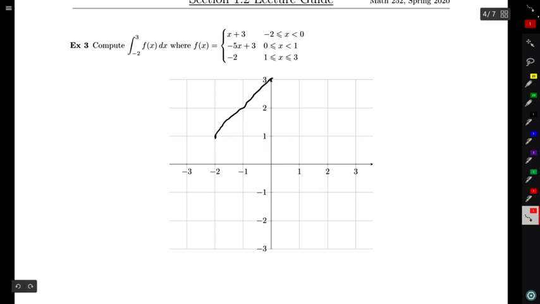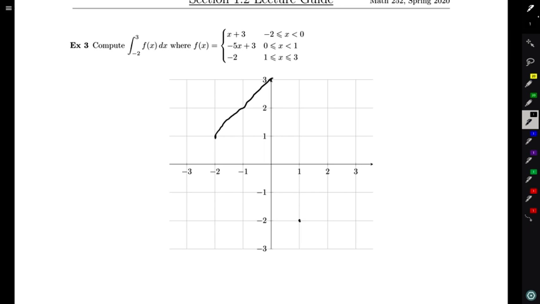Between the x values of 0 and 1, our function looks like the line -5x plus 3. And the line -5x plus 3 has slope -5, y-intercept 3, so it's going to pass through this point. And at x equals 1, we're going to have y being -2.